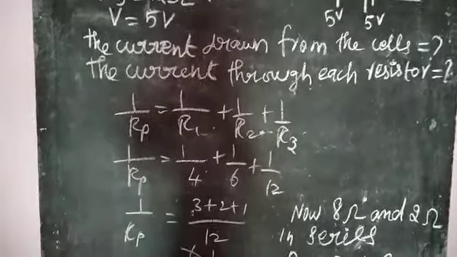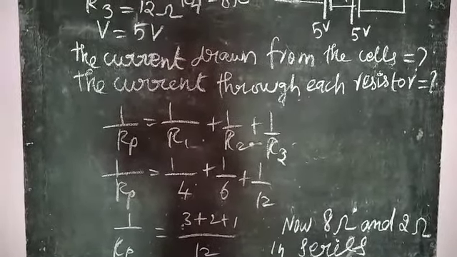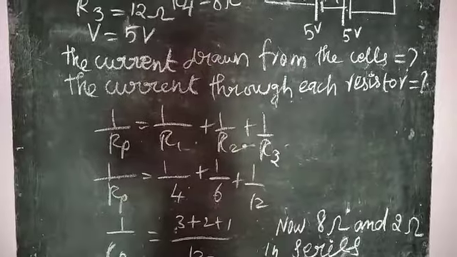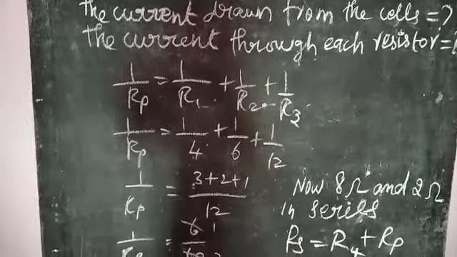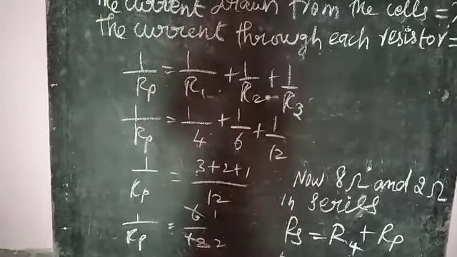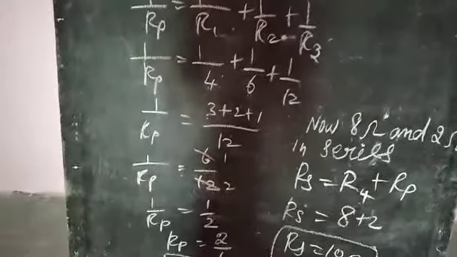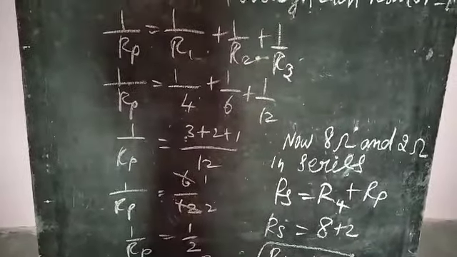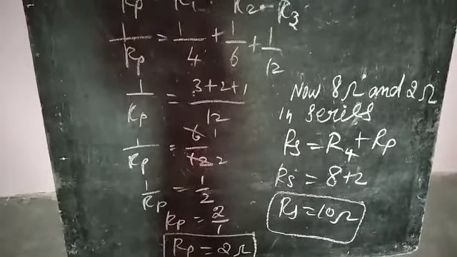Take LCM 12: 3 4s are 12, 2 6s are 12, 1 12 is 12. 1 by Rp equal to 6 by 12. Cancel: 6 1s are 6, 6 2s are 12. So 1 by Rp equal to 1 by 2, Rp equal to 2 ohm.